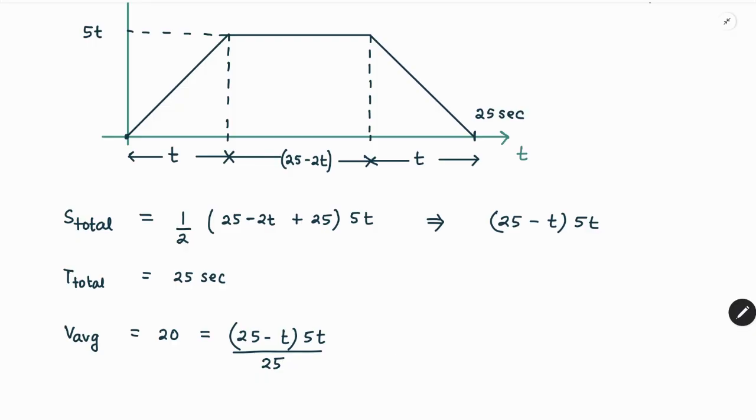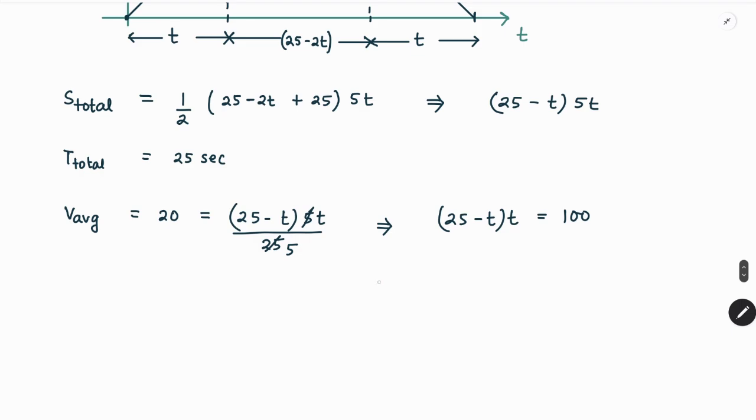From here we can calculate t, and t should have a positive value. On solving this equation we get 25 minus t times t is equal to 100, that is 25t minus t square, or t square minus 25t plus 100 is equal to 0.